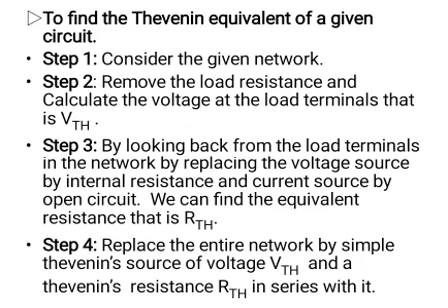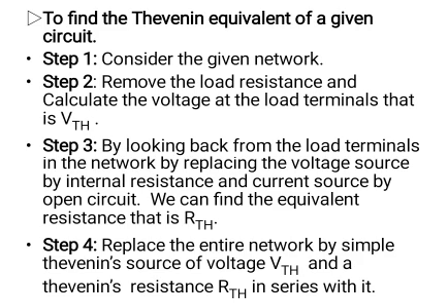To find the Thevenin equivalent of a given circuit, step 1, first consider the given network. Step 2. Remove the load resistance and calculate the voltage at the load terminals, that is VTH. Step 3.